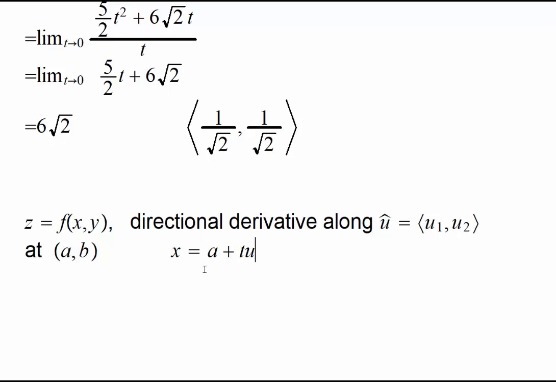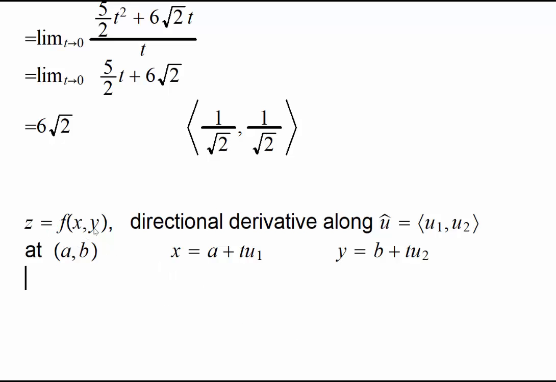And then what we have here is z, or f, as a function of x and y, where x is a function of t and y is also a function of t.